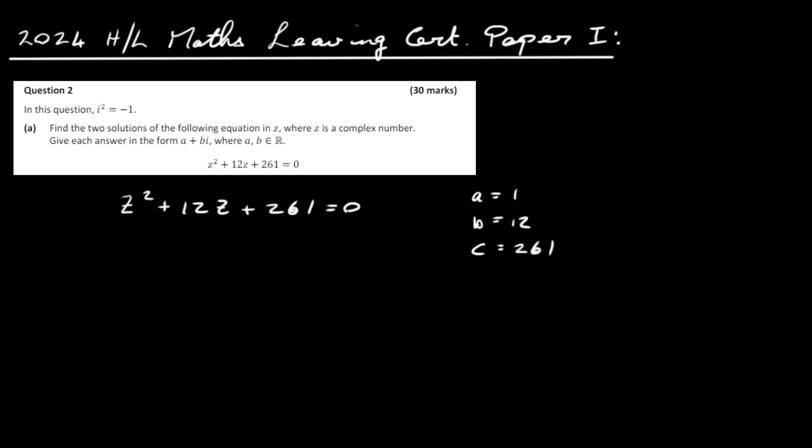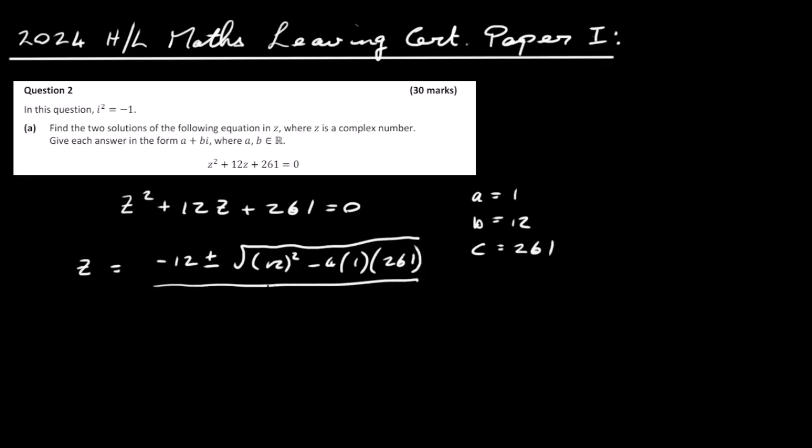So really it's just a case of plugging these values into our quadratic formula. So our z is going to be equal to minus b, so that's going to be minus 12 plus or minus the square root of b squared, so that's 12 squared, minus 4 times a, which is 1, and c, which is 261. That's all divided by twice a.